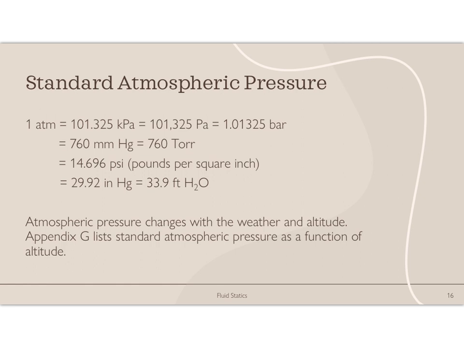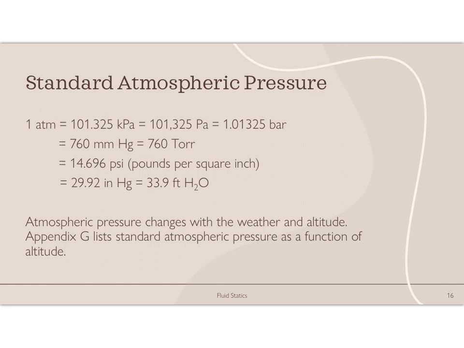It's also sometimes called the torr, after Torricelli, the gentleman who did work in this area. In PSI, 1 atmosphere is 14.696 PSI, pounds per square inch. And if you are using inches, 29.92 inches of mercury, or if you want water, 33.9 feet of water.